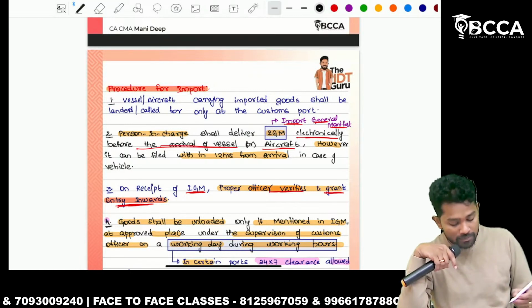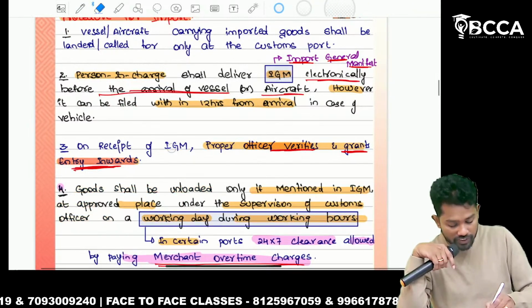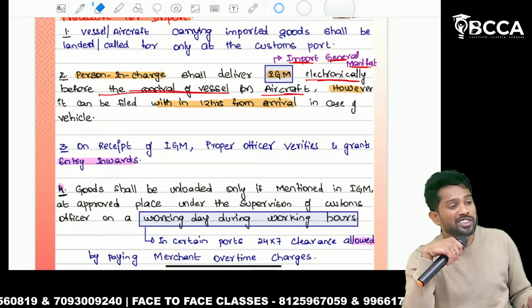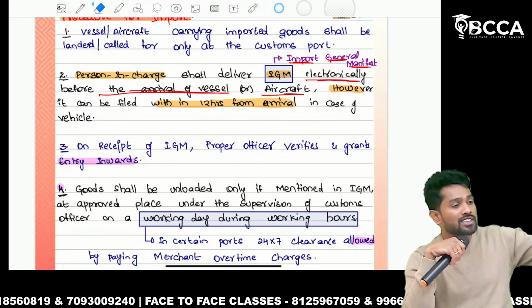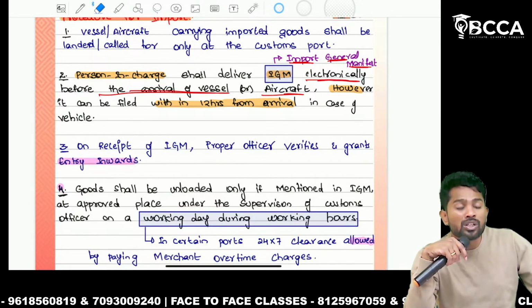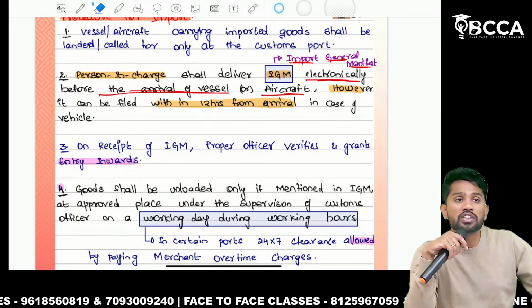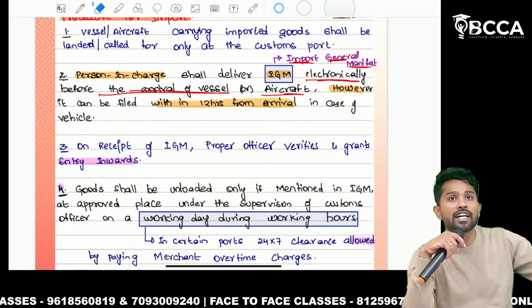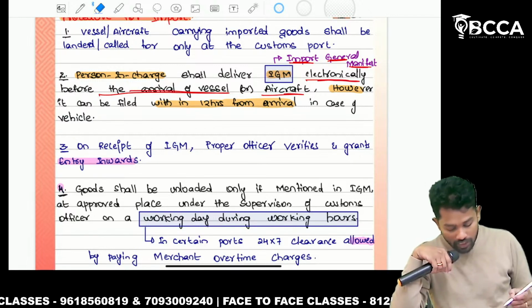Once the IGM is filed, the proper officer verifies and then grants entry inward. Once entry inward is granted, the vessel comes into the port and the goods can be unloaded. Only goods mentioned in the IGM can be unloaded. If any good is not mentioned in the IGM, it cannot be unloaded.